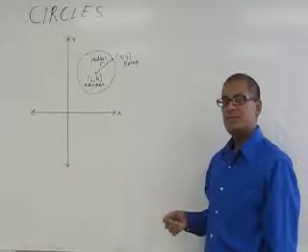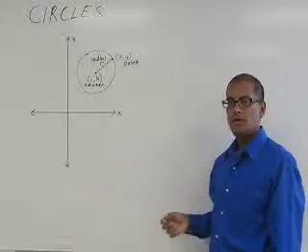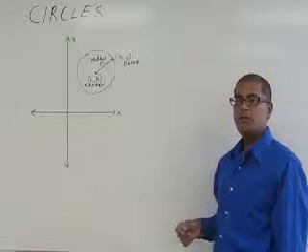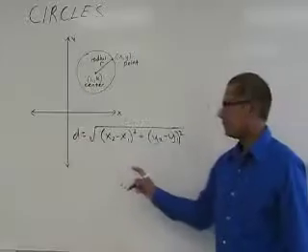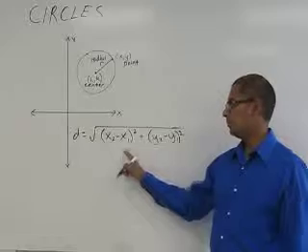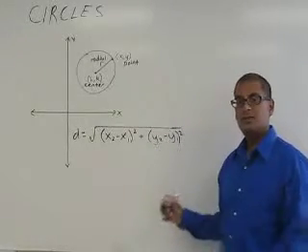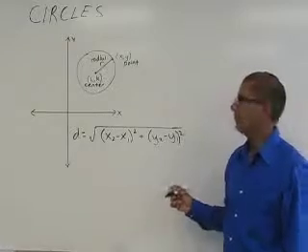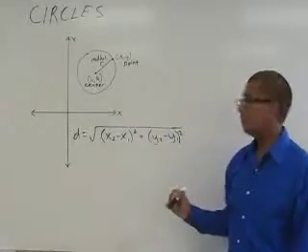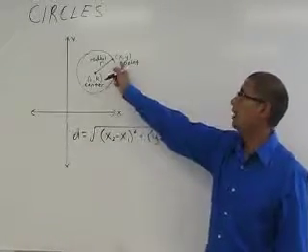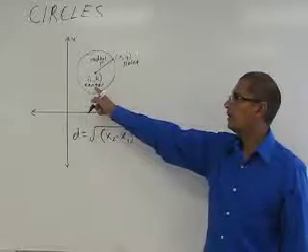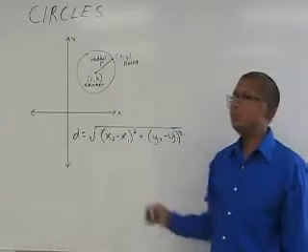We know that the distance between 2 points, x1, y1, and x2, y2, is given as the square root of x2 minus x1 squared plus y2 minus y1 squared. So that's the distance between 2 points. Now we have 2 points here on this circle. We have the point xy, and we have the point in the middle, which is called the center.